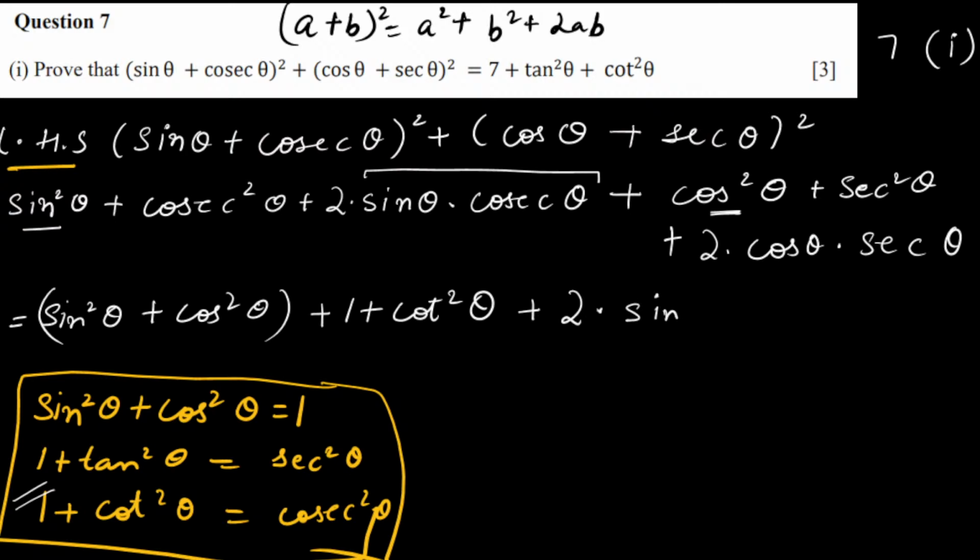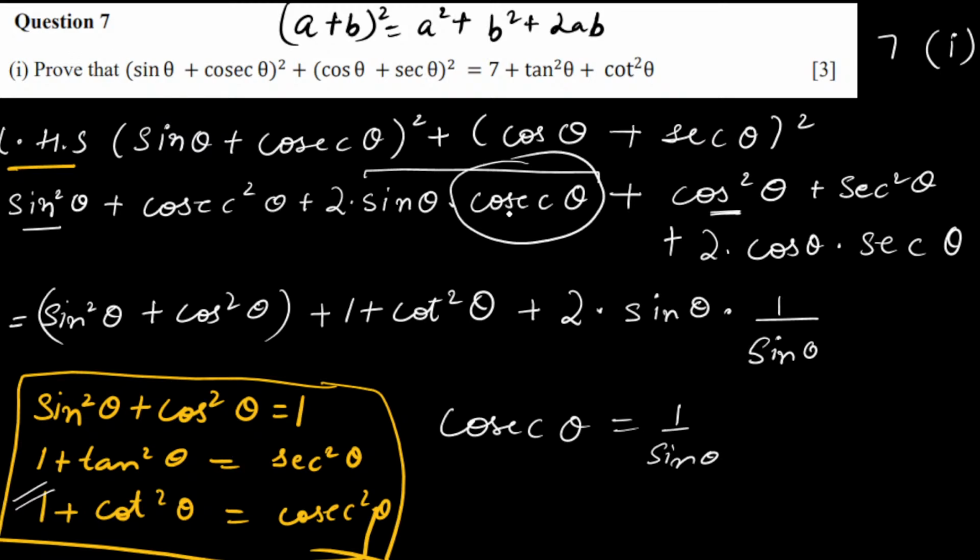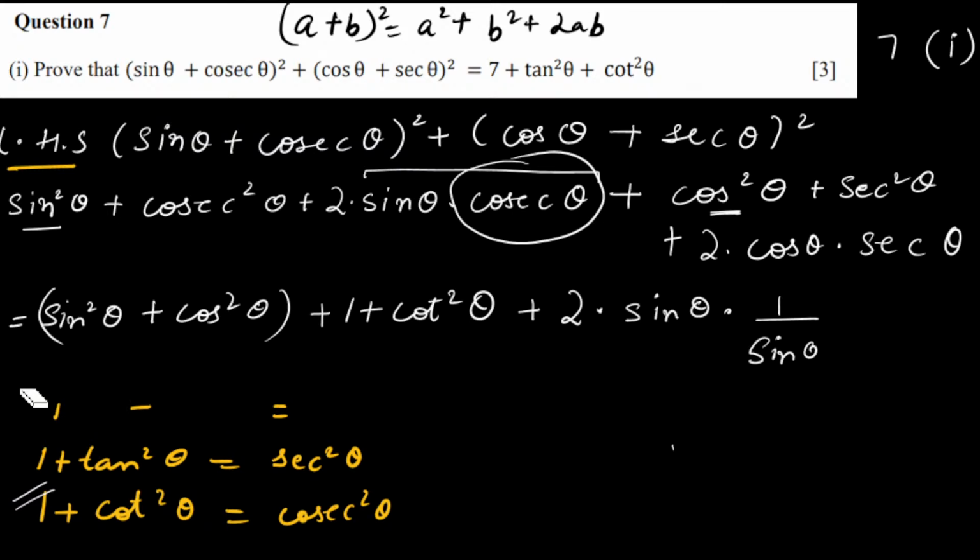So I can write 2 into sine theta, and cosecant I can write as 1 by sine theta, because we know cosecant theta is equal to 1 by sine theta. Now cos square theta I have already utilized; I have paired it with the sine square. So this is done.